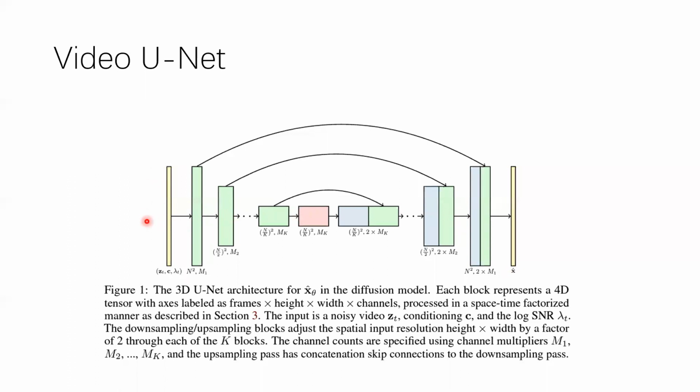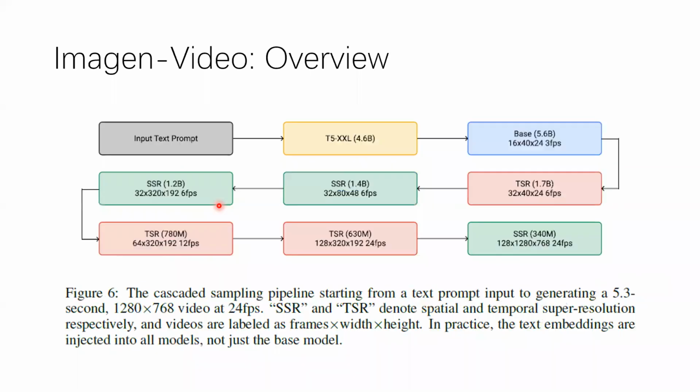So each of these, the base model or TSR or SSR, is a video UNet, because each one of them is a neural network.